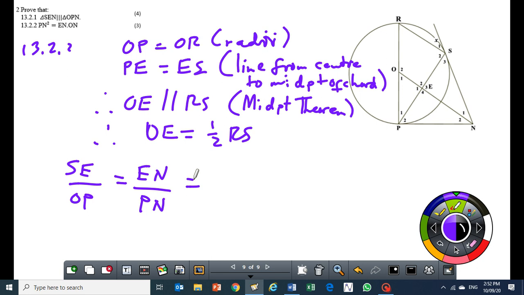Okay, then I have SN over ON. Right? Okay, what do we have? We have got the EN, we have got the ON, we have got the PN, and we have got the SN. But now, what's the relation between PN and SN?